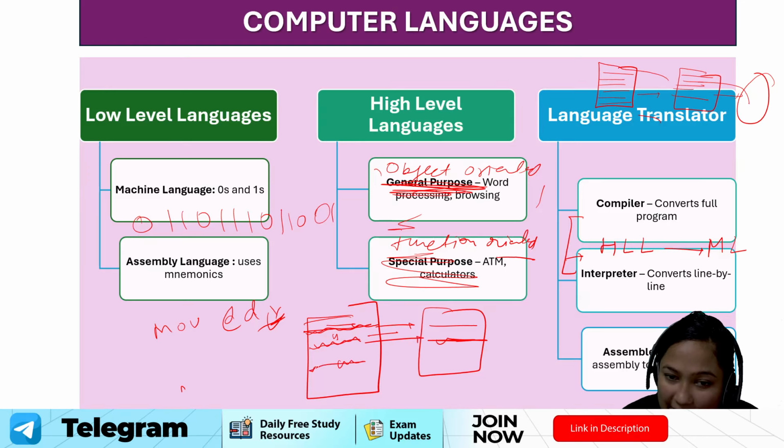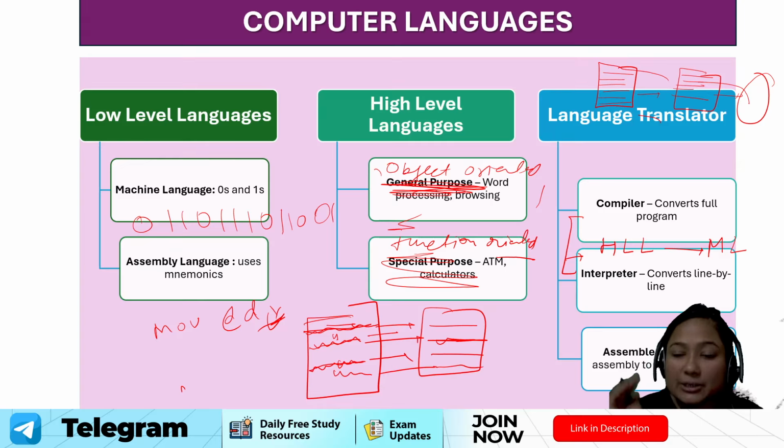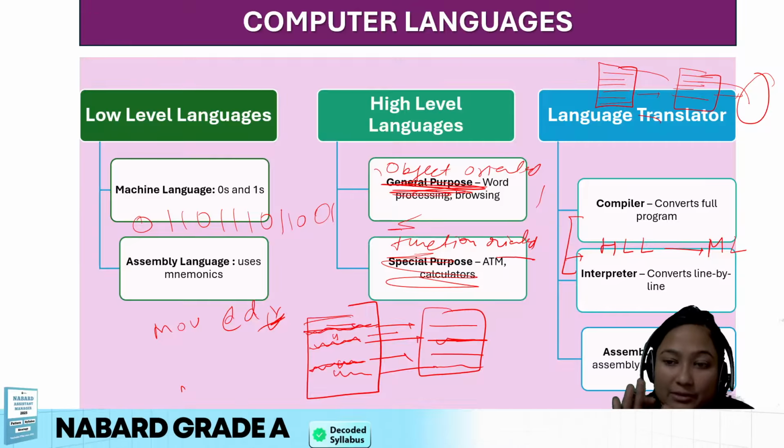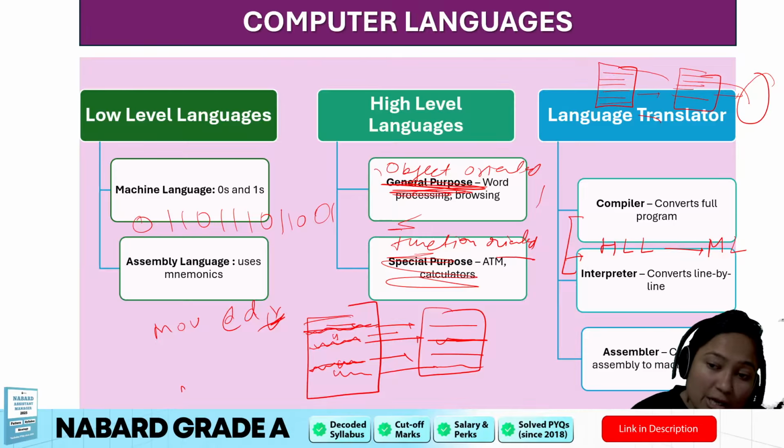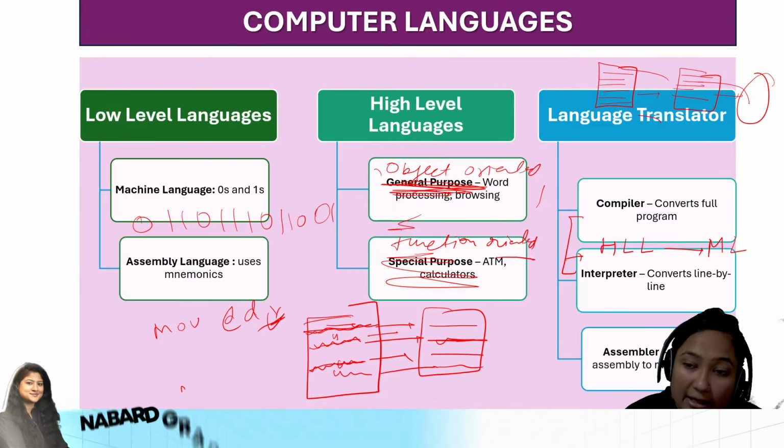Then it reads the next line, converts it, then reads the third line and converts it, then the fourth line and converts it. So this is basically the function of the interpreter: it converts the high level language into machine language line by line.